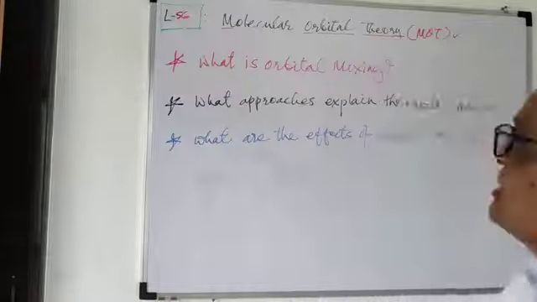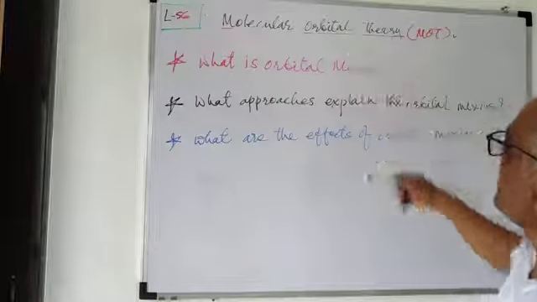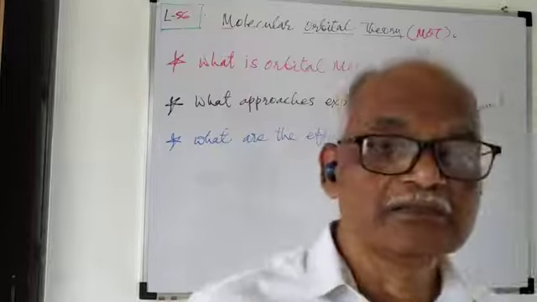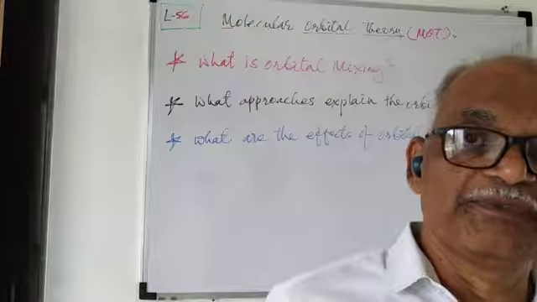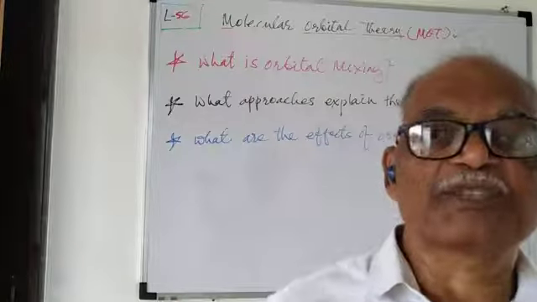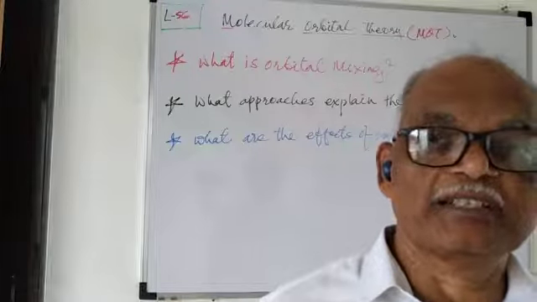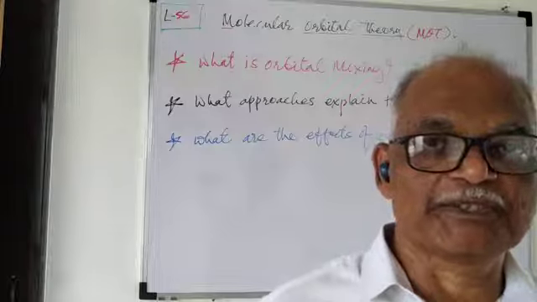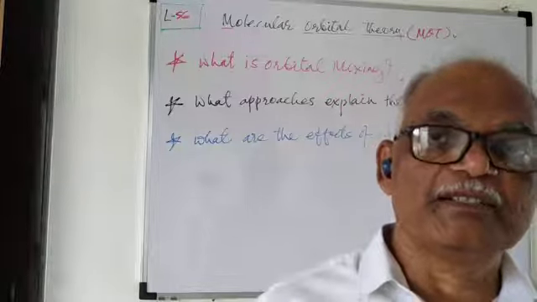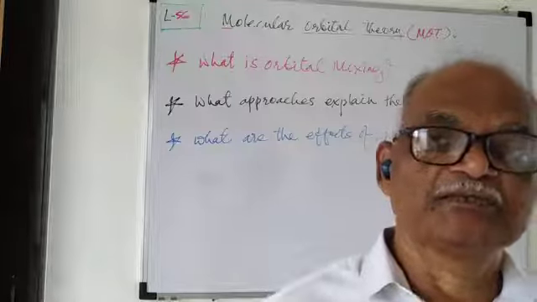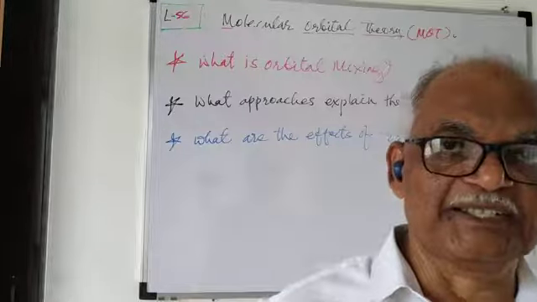Last time we were discussing molecular orbital theory, in which we saw the first or preliminary parts of this topic, that is the s orbitals, p orbitals, d orbitals, atomic orbitals, and their linear combinations to form the concerned molecular orbitals.